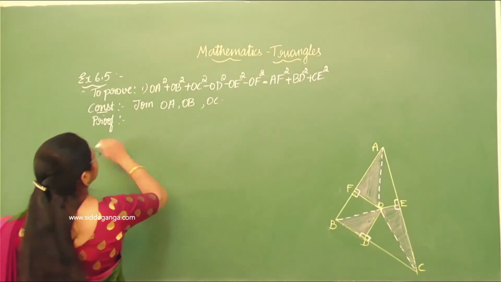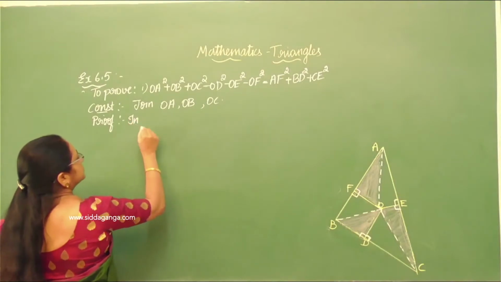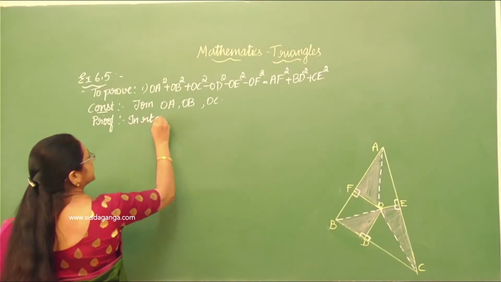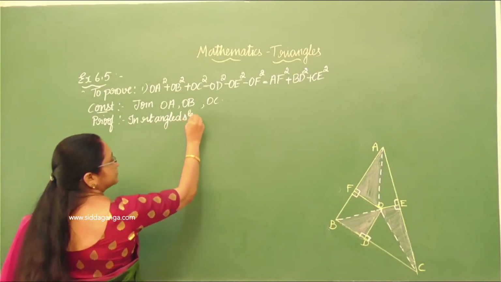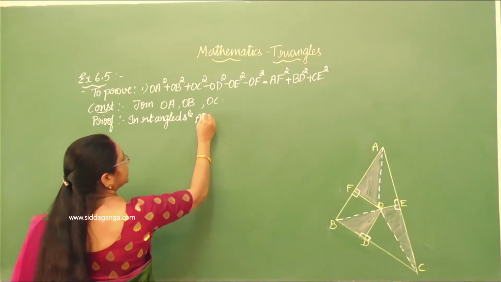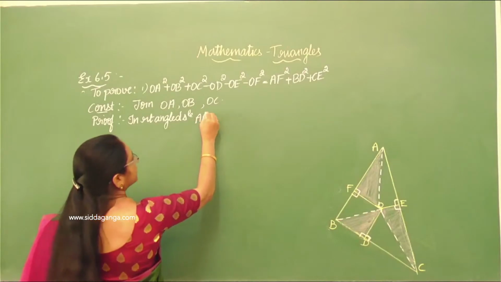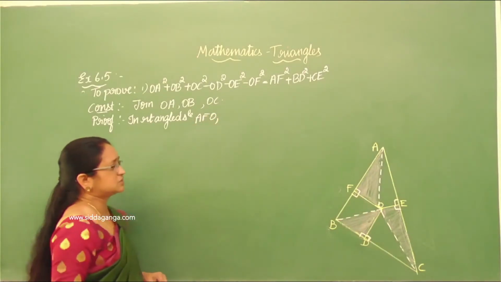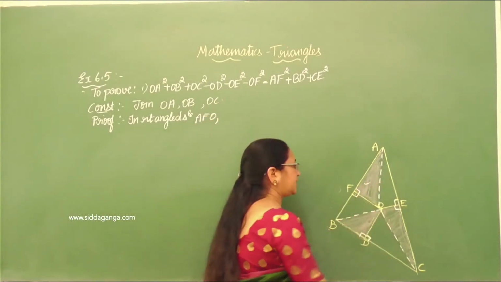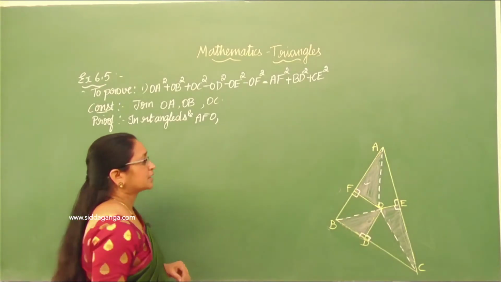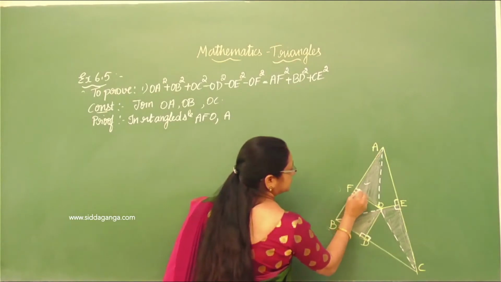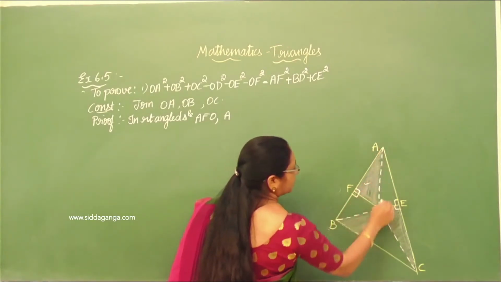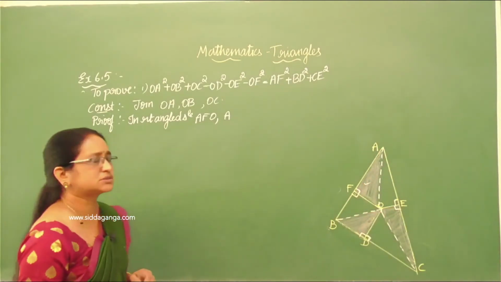Now proof. In right angle triangle AFO, first I'm going to consider this triangle AFO. In that, see, this is 90 degree, so AO is the hypotenuse.